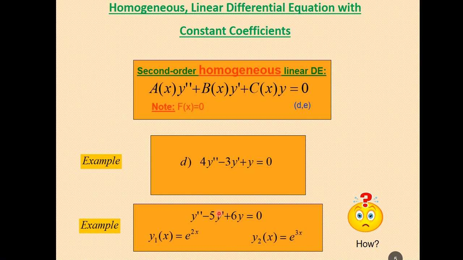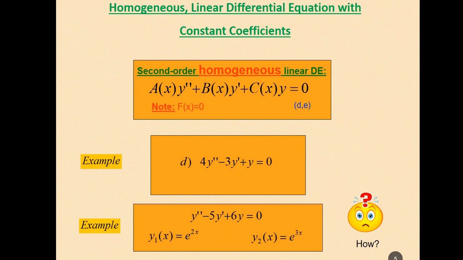Now, you may ask, why? How did it come about that we have these two terms that should appear in the general solution of this homogeneous linear differential equation with constant coefficients?